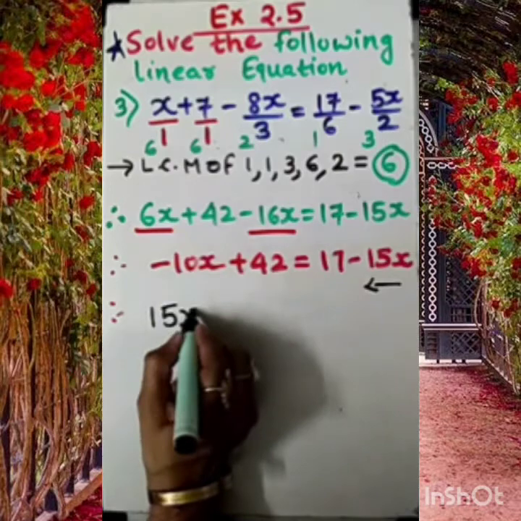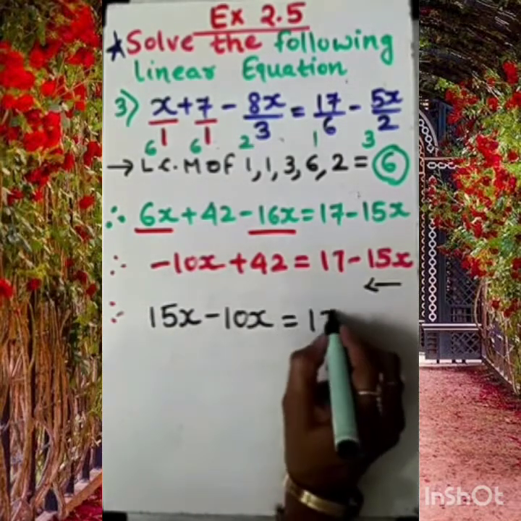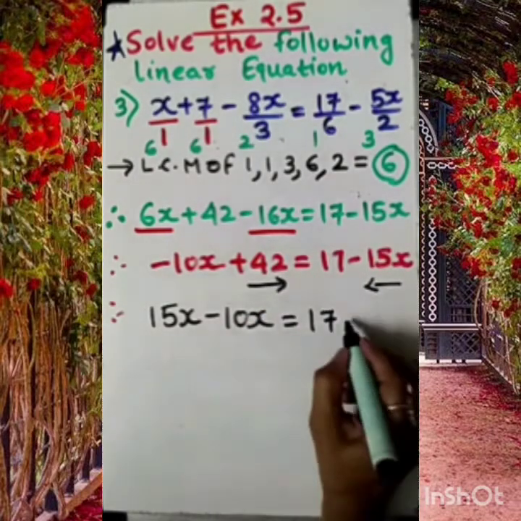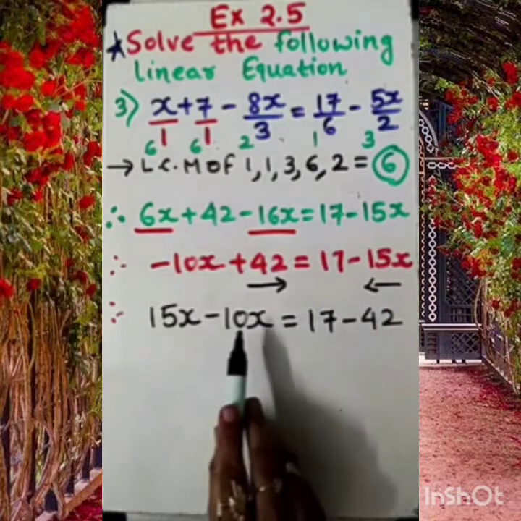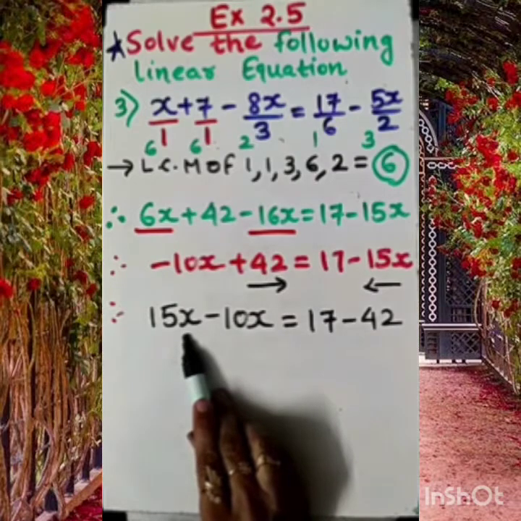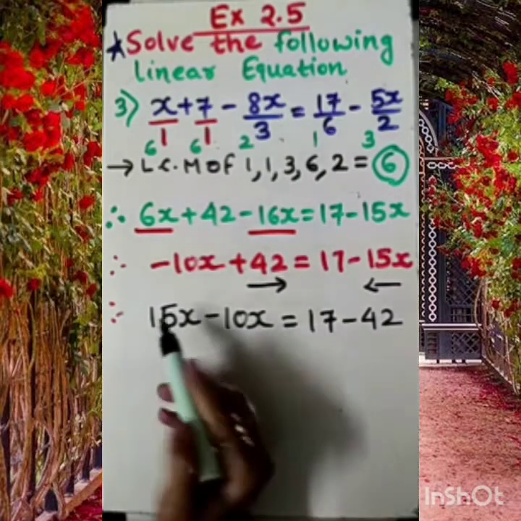So it will become plus 15x. Minus 10x is already there. This 42 I am bringing to the right side, so it is minus 42. What I did, minus 15x, I brought it to this side, so it is becoming plus 15x, and this plus 42 is becoming minus 42.